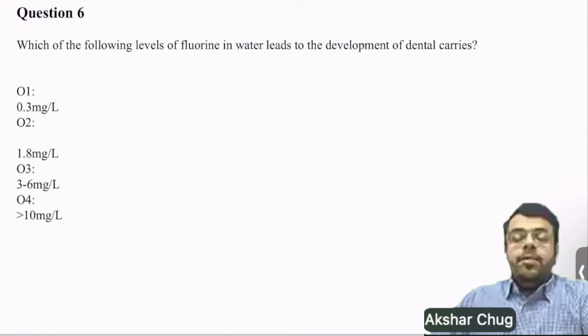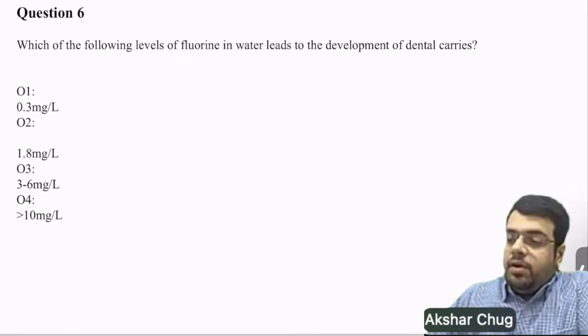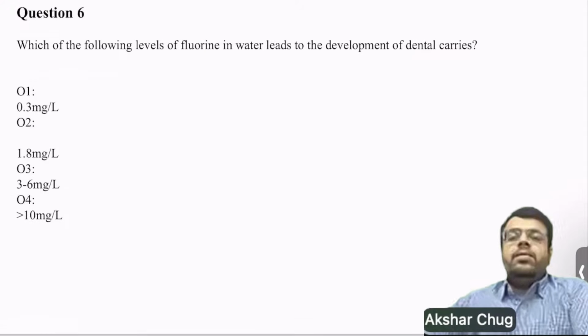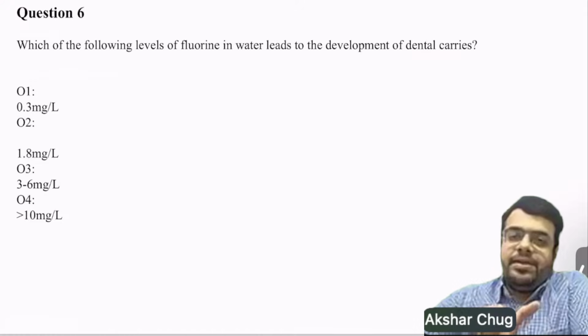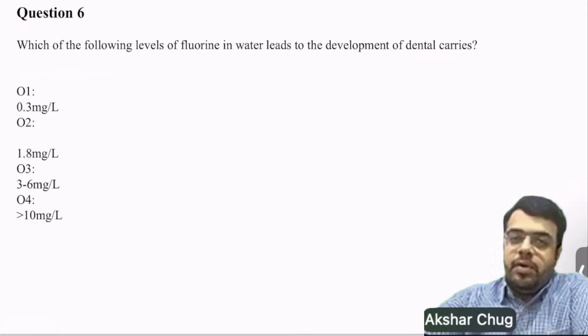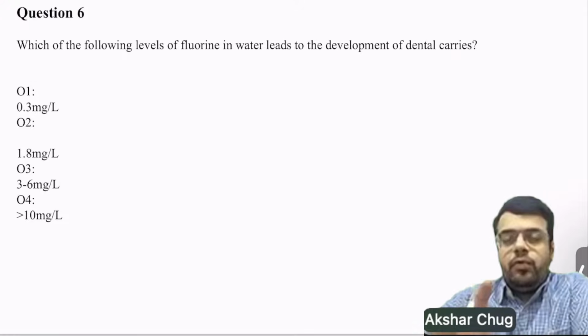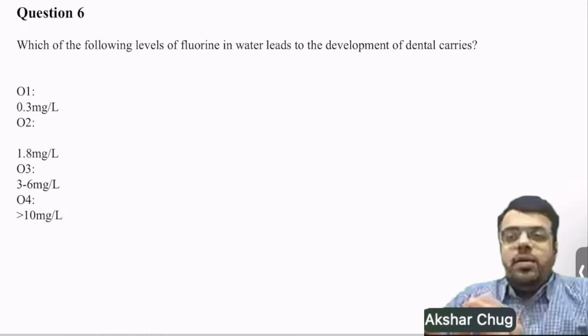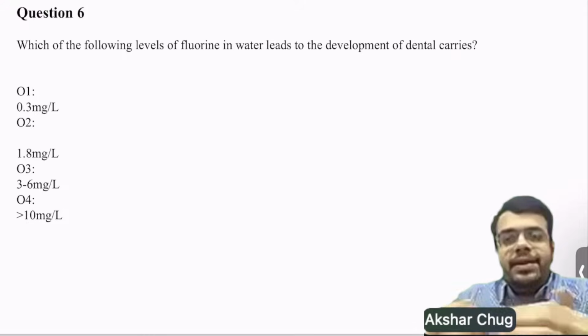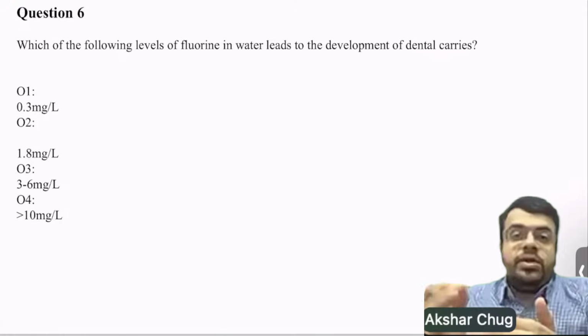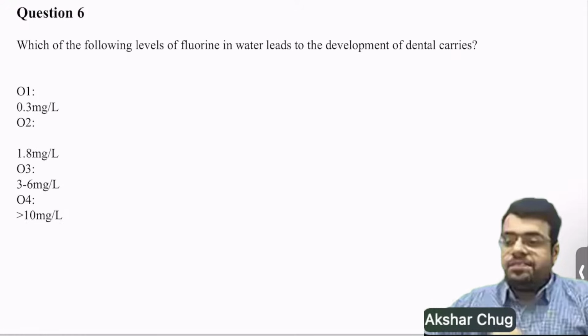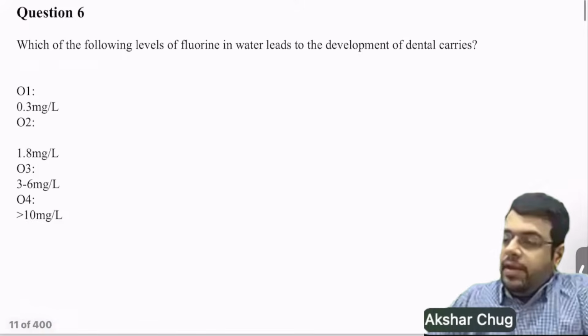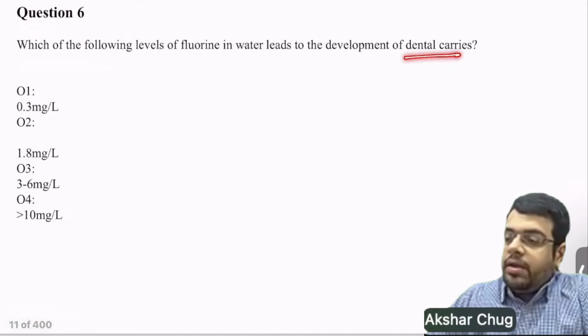Moving on to question 6, which of the following levels of fluorine in water leads to development of dental caries? Now, this is a very important point: a reduced amount of fluorine as well as a higher amount of fluorine will lead to dental problems and skeletal problems. A reduced amount of fluorine will lead to dental caries, whereas a high amount of fluorine will lead to skeletal fluorosis, dental fluorosis, etc. Here we are asked about dental caries.